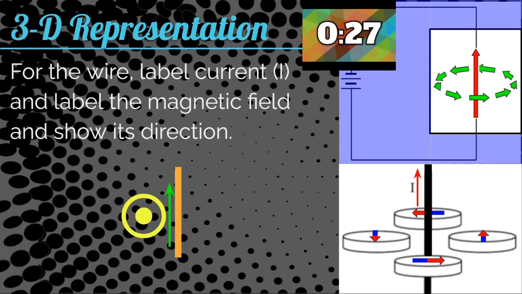I'm going to be looking at the dot. And so I have a dot over here. On this side, instead of drawing an up arrow and trying to show it going into my screen, if it's going into my screen, I'm looking at the back of it. It looks like the X, and so we're going to use that symbol instead. So again, showing the same thing, but using three-dimensional symbols instead.